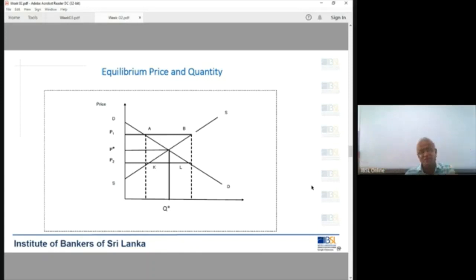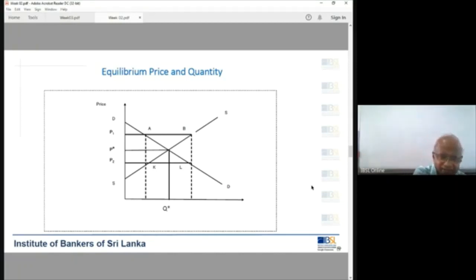Why is that? When price rises from P star to P1, farmers are willing to supply more paddy, so supply increases. When price increases, consumers are discouraged and demand less than Q star.